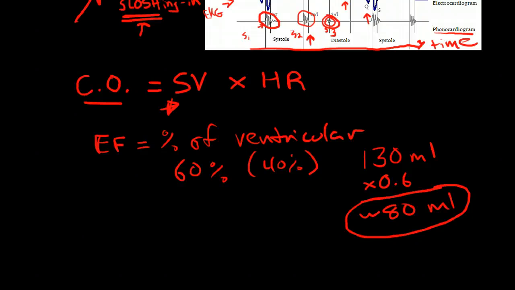So the stroke volume times the heart rate gives the cardiac output. What's interesting to note here is that we all have a normal cardiac output of about 4 to 8 liters per minute.